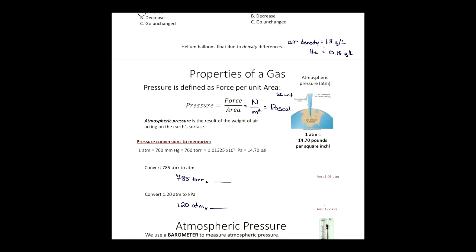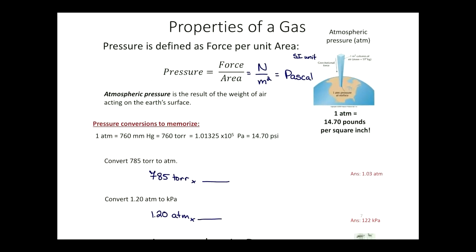All right, so let's talk about some measurements we can make of gases. A term and measurement that we haven't talked about before is pressure. The SI unit for pressure is a Pascal. It's defined as force per unit area.